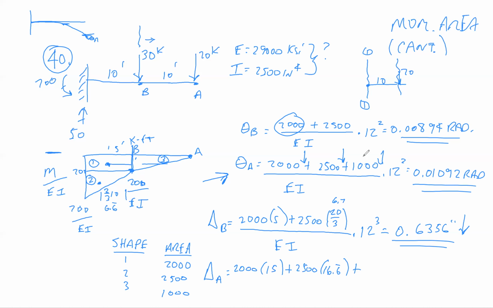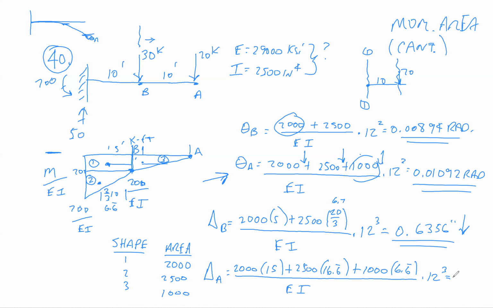plus, remember we got this last area here, that's 1,000, times its centroid, which is 2/3, once again, of 10. So that's going to be 6.6 repeating, all over EI times 12 cubed.